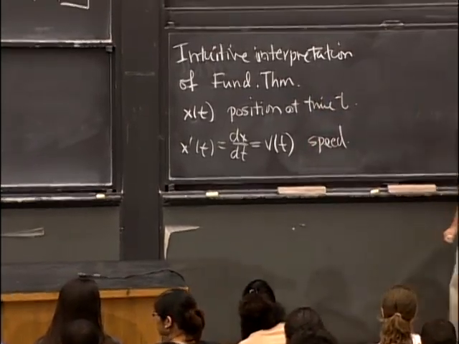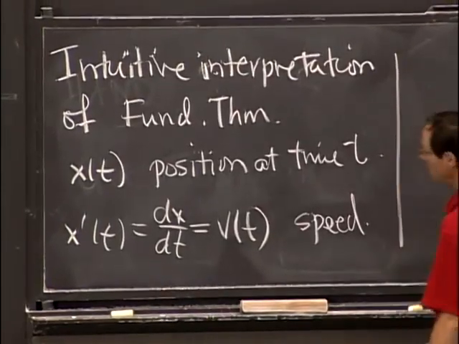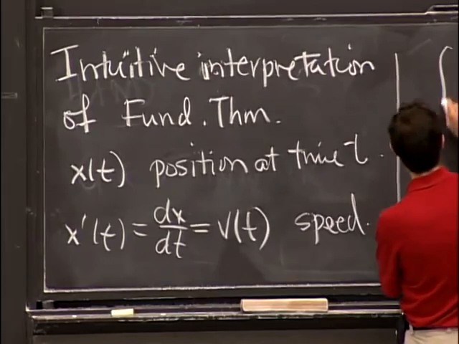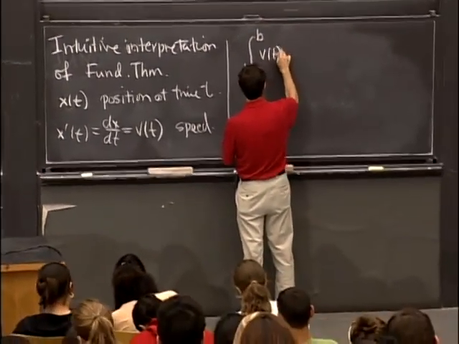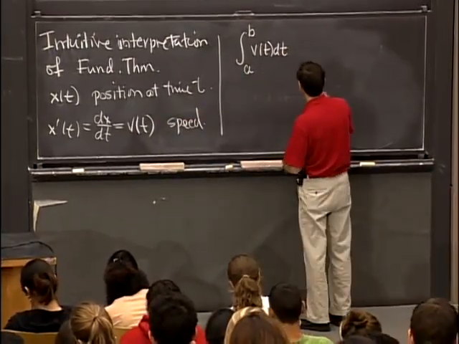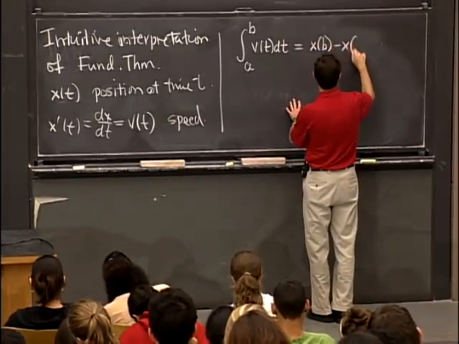All right? And then what the theorem is telling us is the following. It's telling us the integral from a to b of v of t dt, so reading the relationship, is equal to x of b minus x of a.